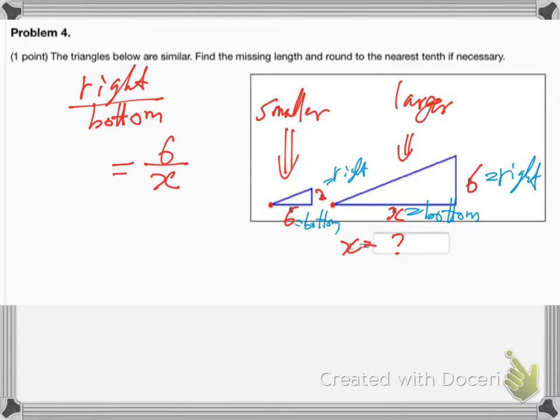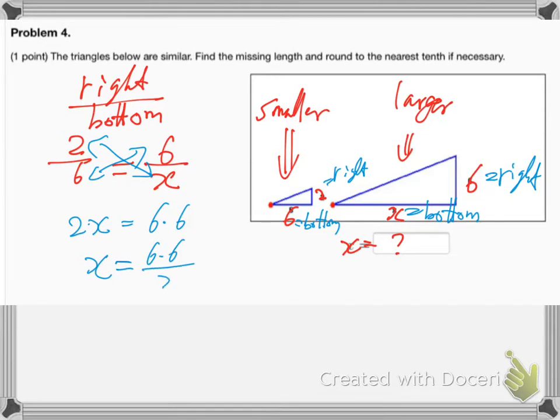So it's 2 over 6 for the smaller triangle, right over bottom. Then we have a proportion, so cross multiply. 2 times x is 6 times 6. So x is 6 times 6 divided by 2. So x is 18.